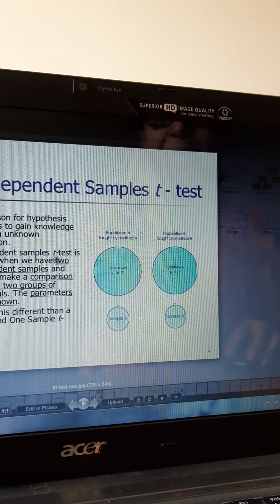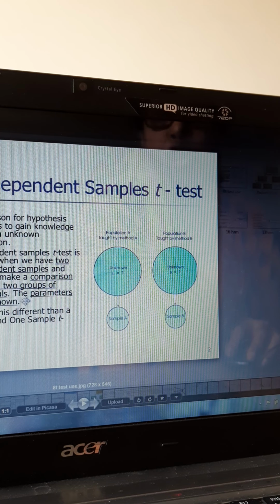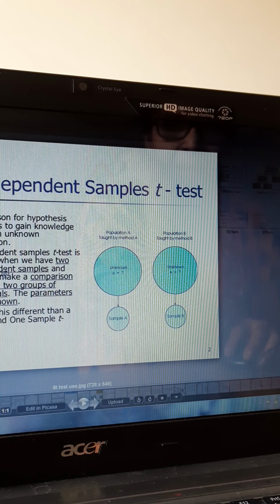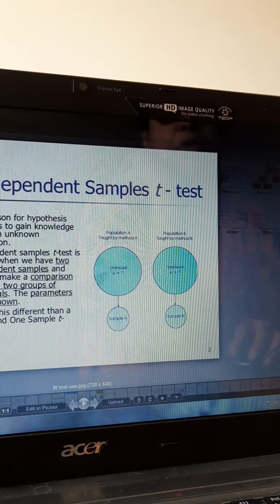Independent sample t-test is applied when we have two independent samples and want to make a comparison between the two groups of individuals. An example for this is, supposing you take IT professionals from North Bangalore and South Bangalore. So there are two groups now.